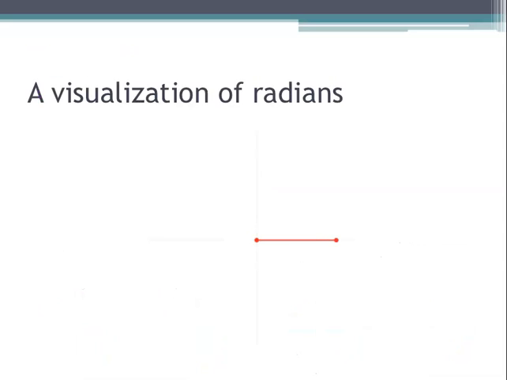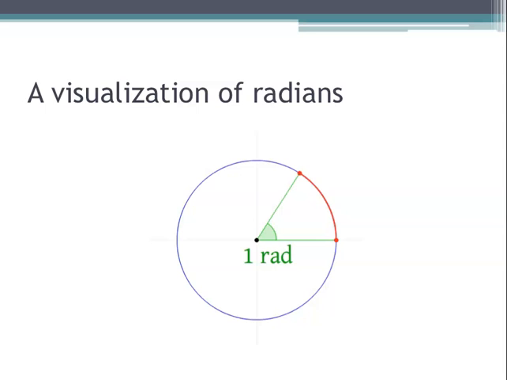Here we have a circle being drawn. It has this red line, that's the radius r. If you take that radius and put it along the curve of the circle, that angle measure is 1 radian.